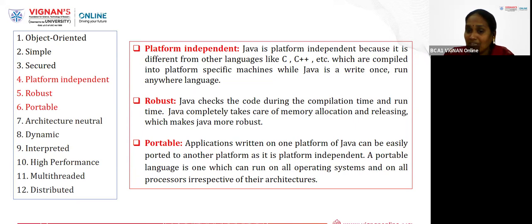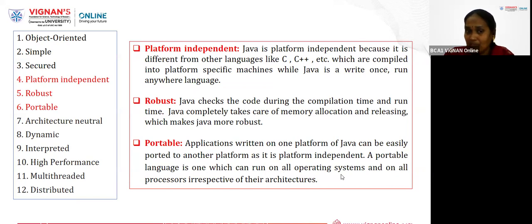And it is portable. Portable means an application which is written on one platform can easily be ported to another platform. Since it is platform independent, anywhere we can write the program and we can use it anywhere. So since it is portable from one platform to another platform, we can call it a portable language, and it runs on all operating systems as well.